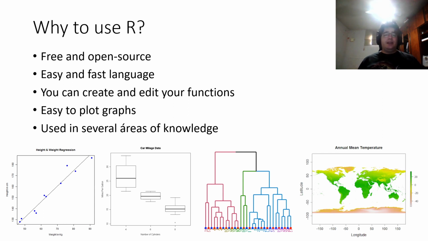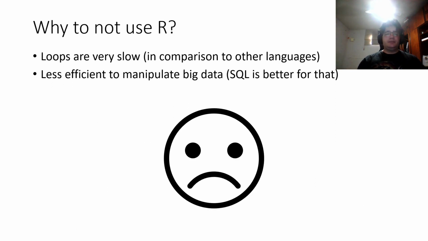You can create and edit your functions. You can do this in Python too. But R is really easy for plotting graphs. It's a powerful tool to plot graphs, and it's used in several areas of knowledge. So you can use it in economics, ecology, biogeography, geography, and so on.